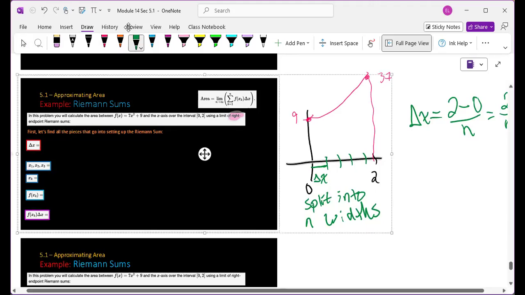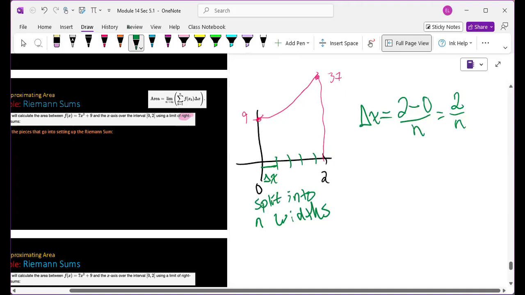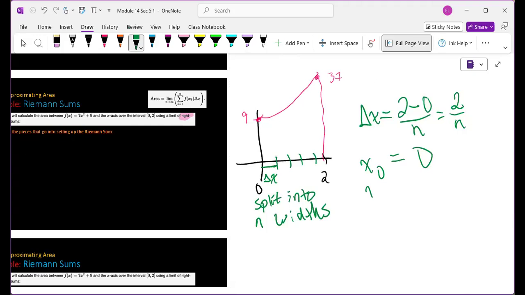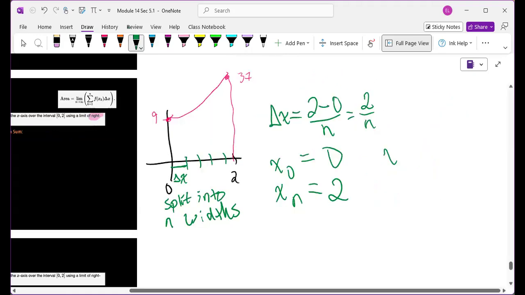All right, so the whole x1, x2, x3, and then x sub k, this is to figure out a formula for getting each of those endpoints. So each of the x values where we're going to want a function value, we want to come up with a way to generate that. Here my x sub 0 is 0. My x sub n is 2. So my x sub 1, my first tick mark over, that's 1 width over, right?